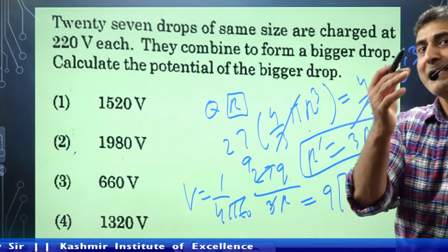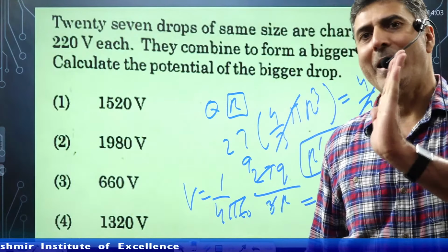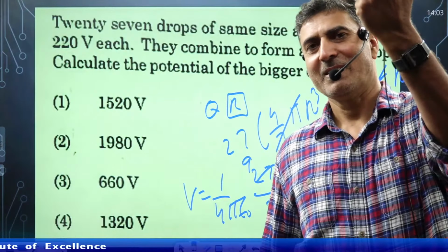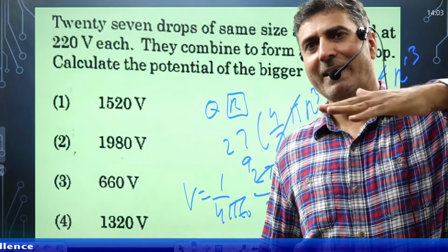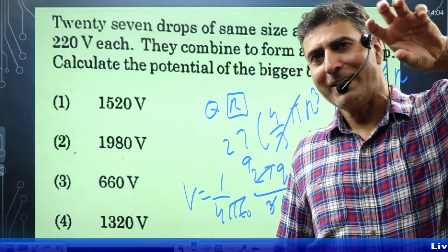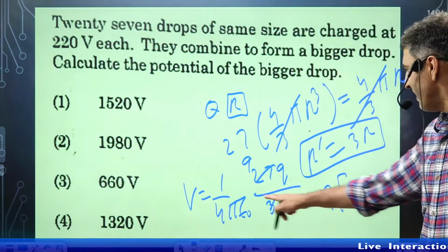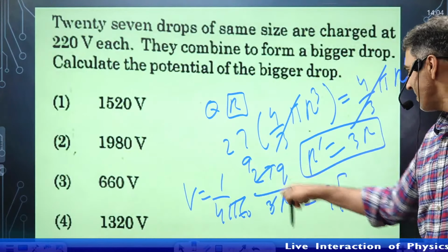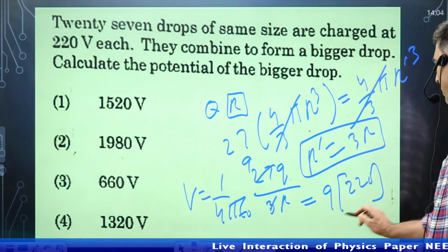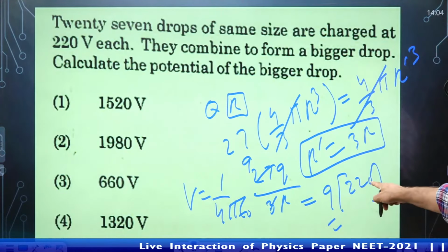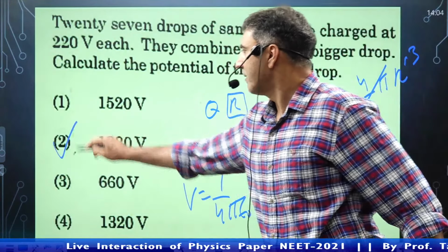That is the potential of a single drop, 1 by 4 pi epsilon naught q by r, the potential of that little drop. So 9 times 220 must give you the answer. This must be the answer.